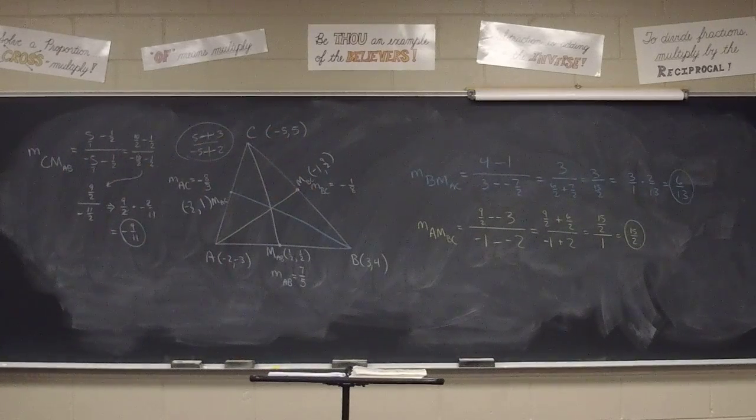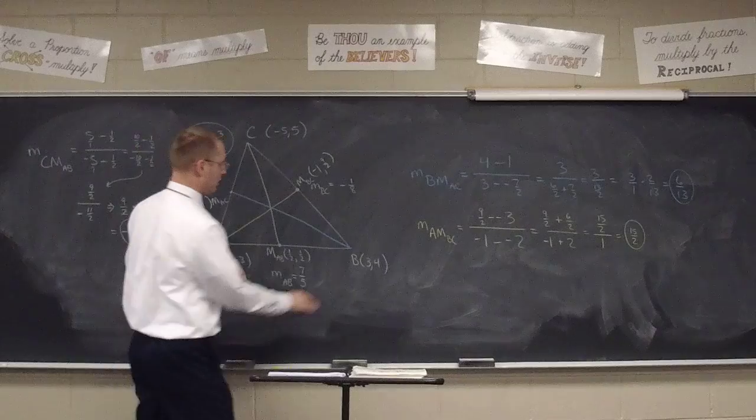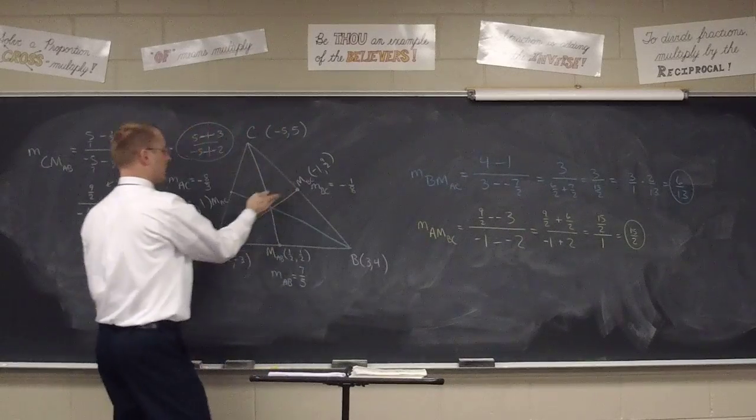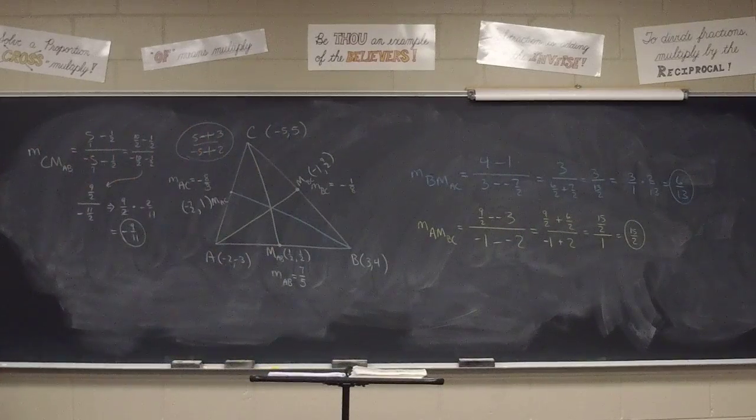Color coded here for you since I didn't want to squeeze everything inside the triangle. So here we have this white median slope, blue median slope, and the yellow median slopes.